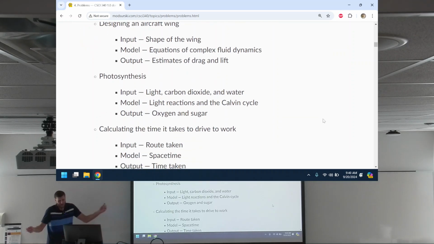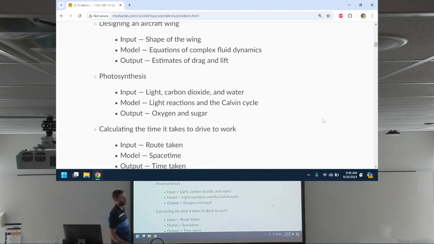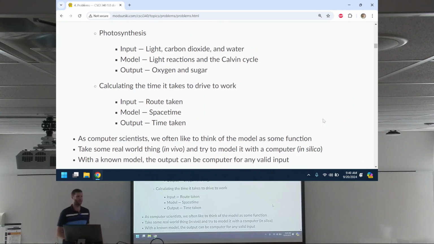Or photosynthesis. Okay, so, plants make their own food. Input is light, carbon dioxide, and water. The model is light reactions in the Calvin cycle, which it doesn't matter. It's magic that plants do. And the output is oxygen and sugar that the plants eat, and we eat. And calculating the time it takes to drive to work.